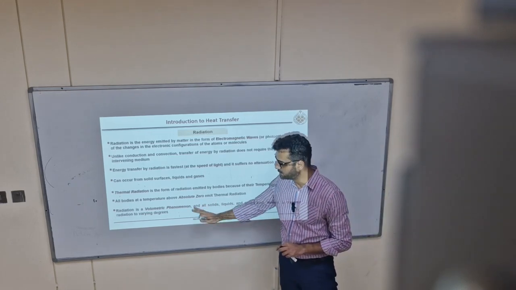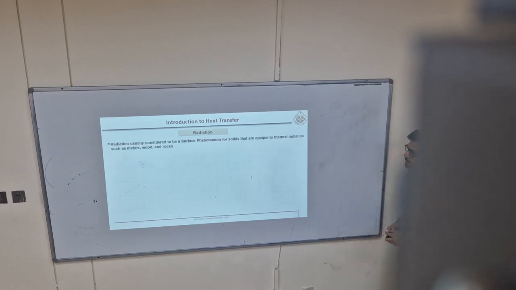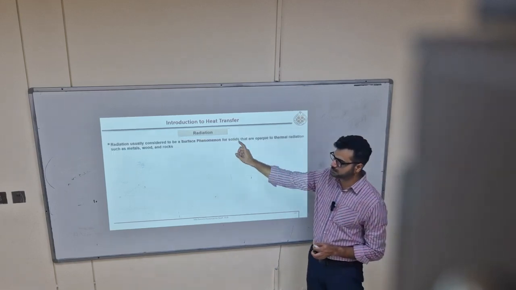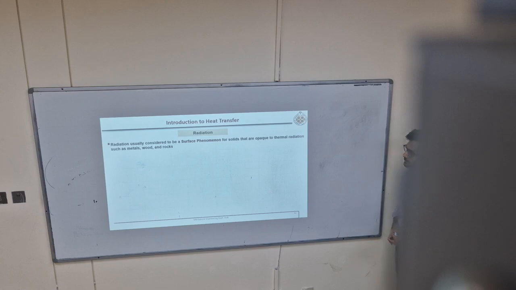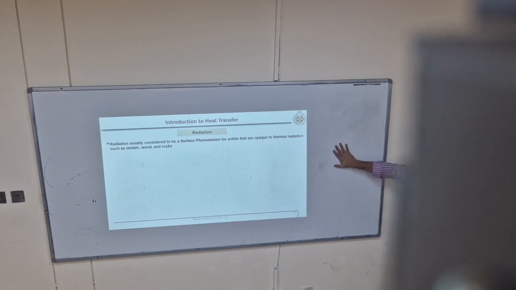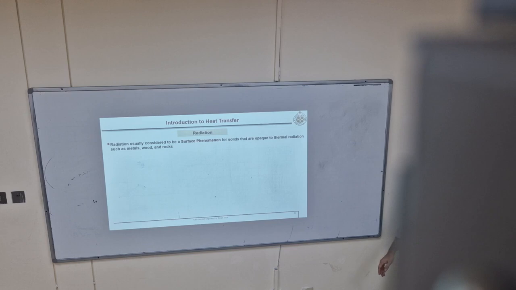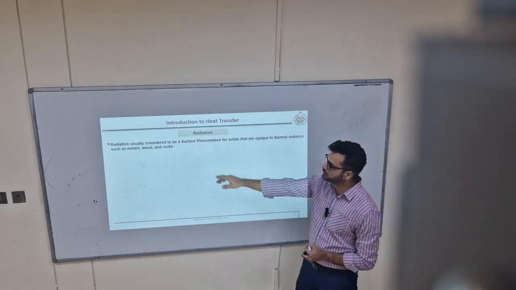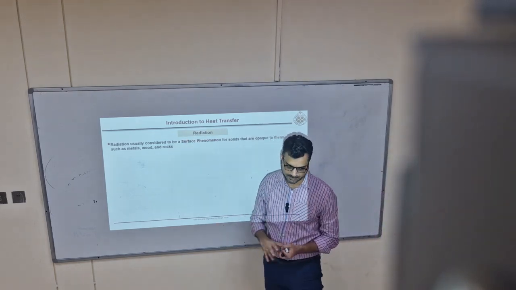So here we are saying radiation is a volumetric phenomenon, but for an opaque solid, whatever radiation falls on it will be either absorbed or reflected. Nothing will be transmitted. So for opaque solids, this is not a volumetric phenomenon, it is a surface phenomenon.